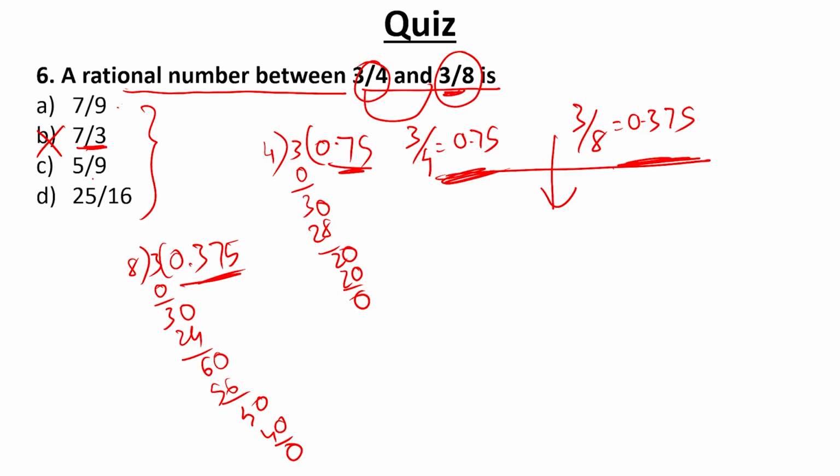So it is not an option. And 25 by 16 is also not an option. The value is also greater than 1. So it is also not our option.